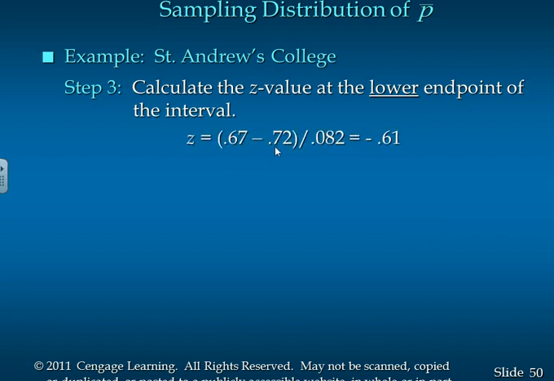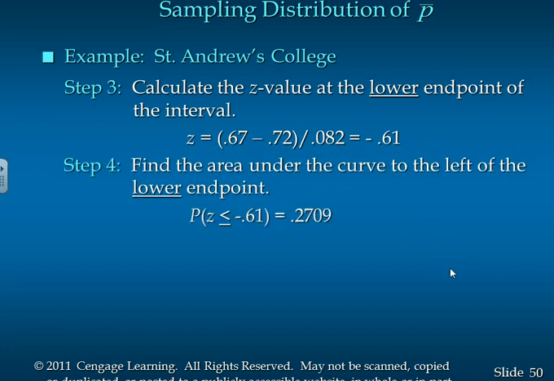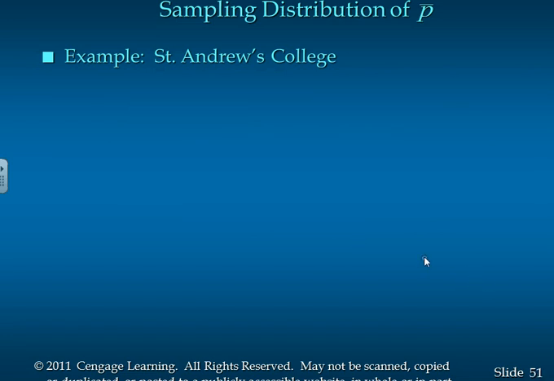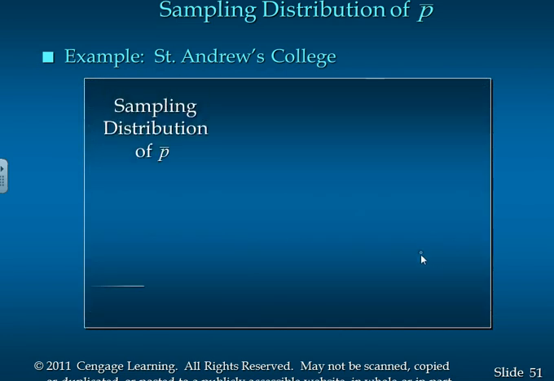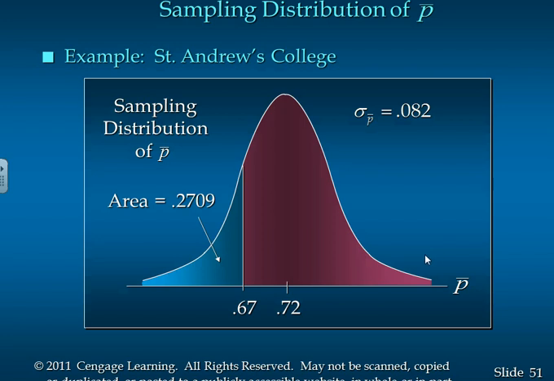Minus 0.05 from the mean gives me that, divided by this. Oh, it is a negative number. So with a negative number, I come up with the probability off my z chart again.